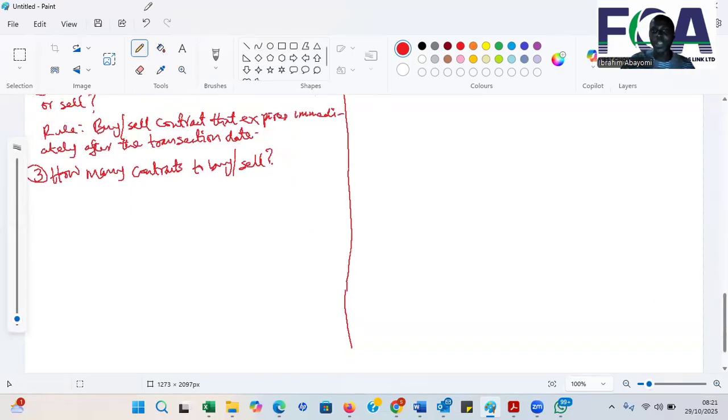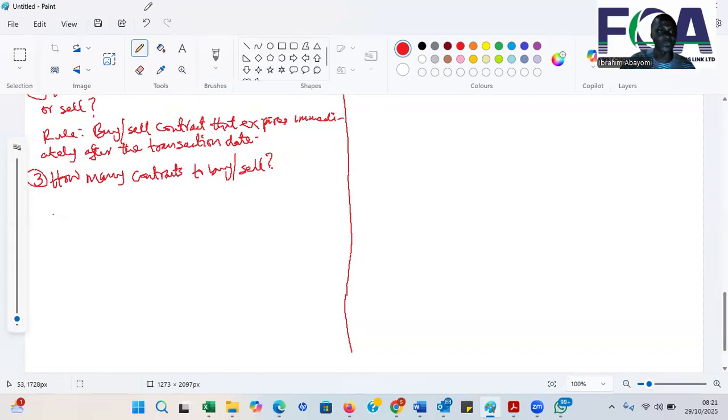So how do I get that? Number of contracts is equal to my exposure over the contract size of the contract, multiple of the currency. Exposure over contract size.